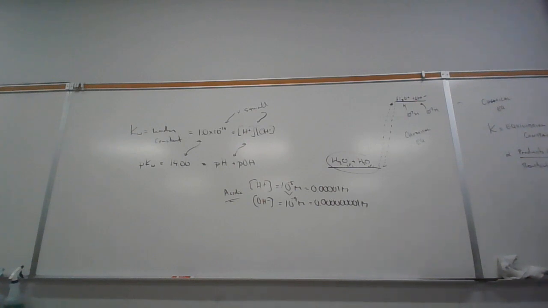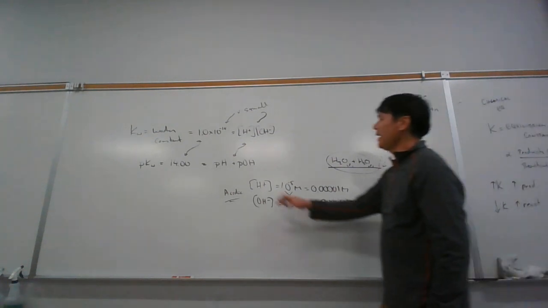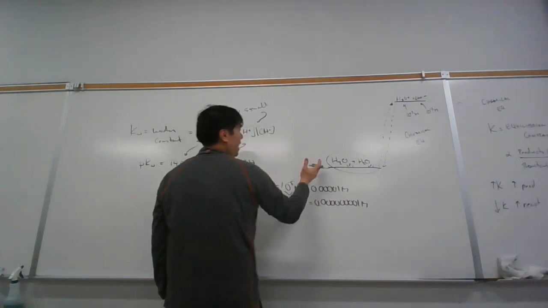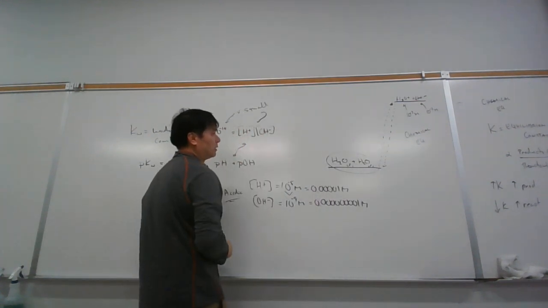So the bigger the K, the more product at equilibrium. The smaller the K, the more reactant at equilibrium. And so here we see a very small K, which means it's mostly reactant, very little product.